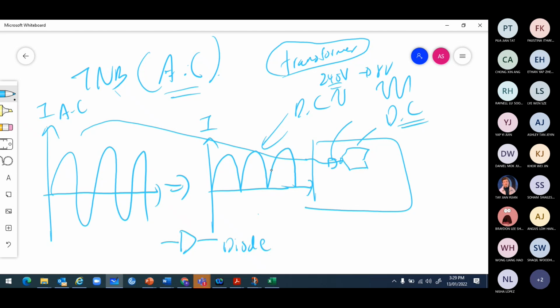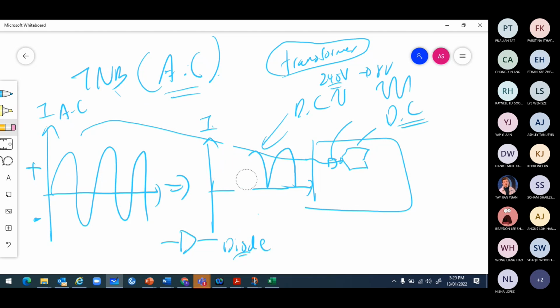A diode always allows the current to flow in one direction, right? So this is a positive current, this is a negative current. When the positive current passes by, the diode allows the current, but when it comes to negative, it will block the current from flowing. Let's say this is the full wave one. So let me make it easier.